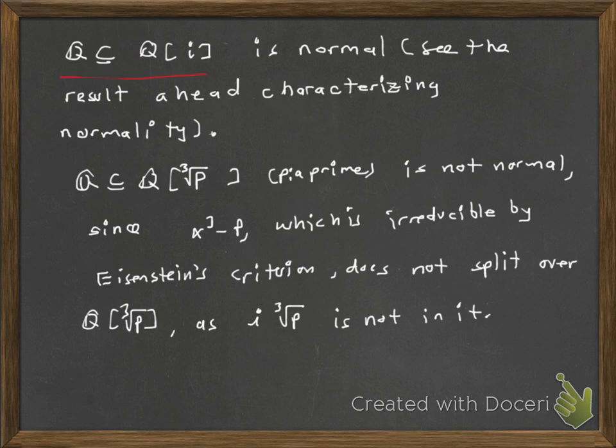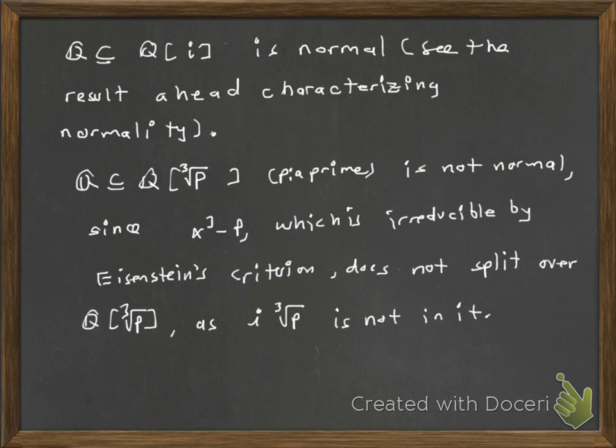The reason why this is normal as an extension can be seen through the next characterization of normality that we will present here. Basically, this extension is normal because the overfield here is the splitting field of the irreducible polynomial x squared plus 1 over Q, which is a property that characterizes when a finite degree extension is normal.